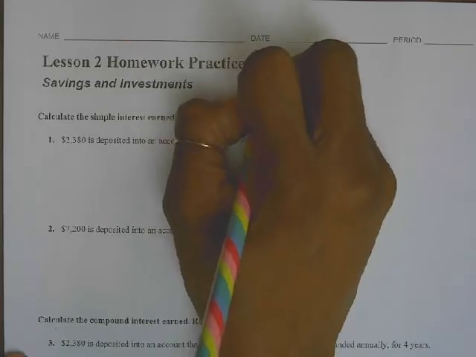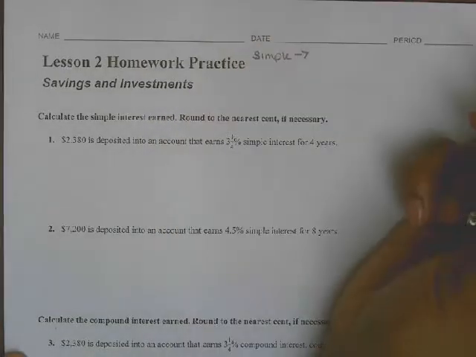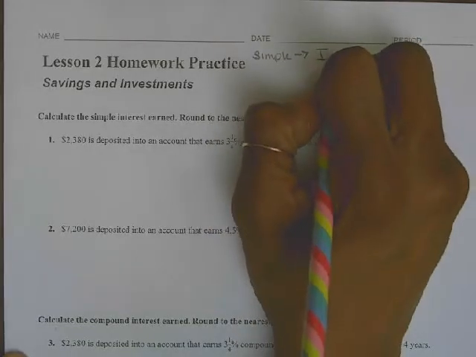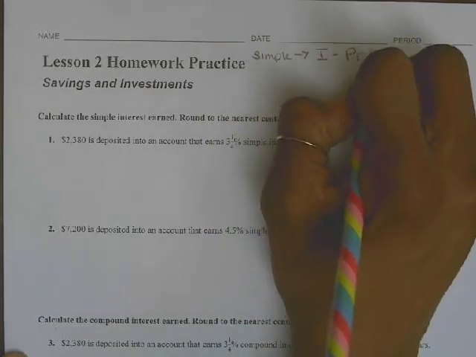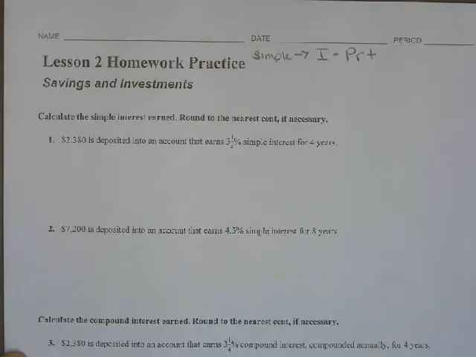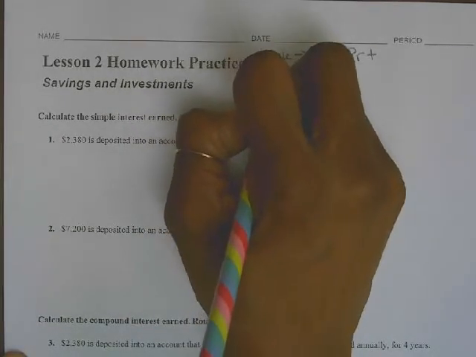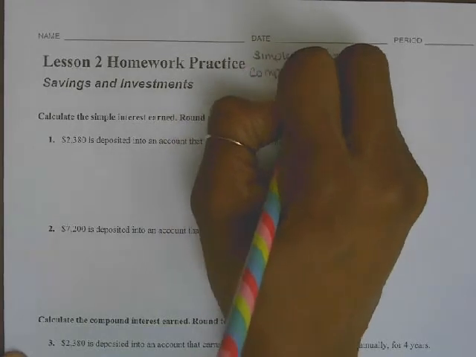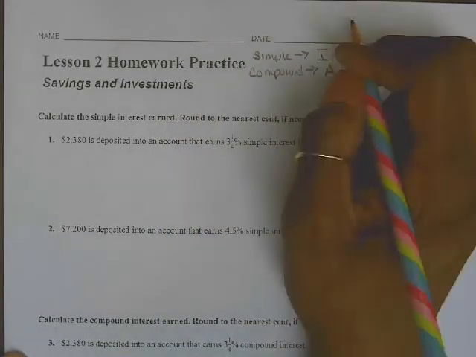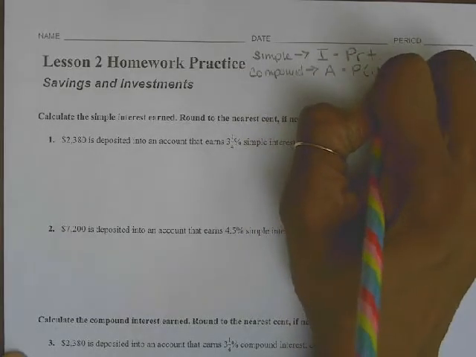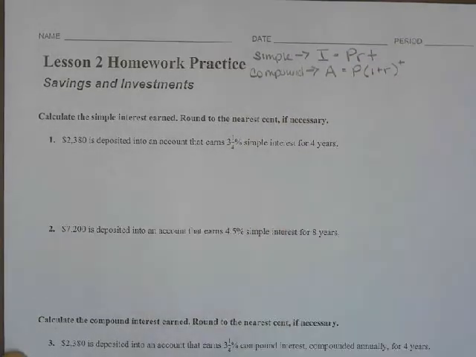So for my simple interest, that formula is I equals PRT. Don't worry, I'm going to tell you what those all are. Your compound interest formula is capital A equals P(1 + R)^T.